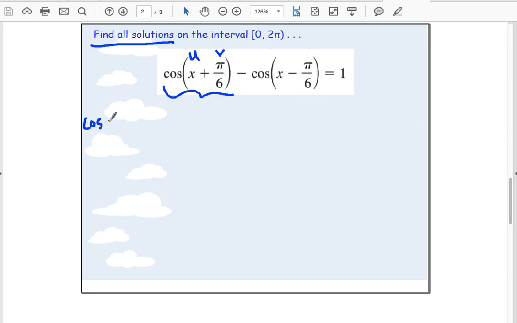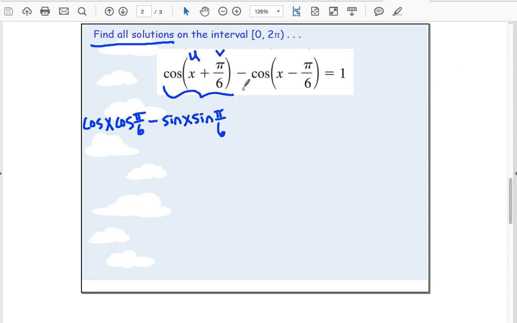So I do cosine u, which would be cosine x, times cosine v, which would be cosine pi over 6, minus sine u, which is sine x, times sine v, which would be sine of pi over 6.